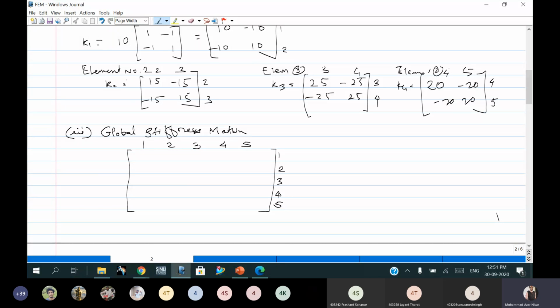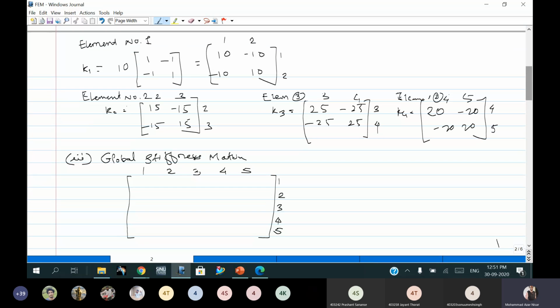Now I will show you how this will work. So now these are the values you have to write over here. What values? First is on column number 1 and row number 1. So check what is the value for 1 and 1. It is 10, so here should be 10.